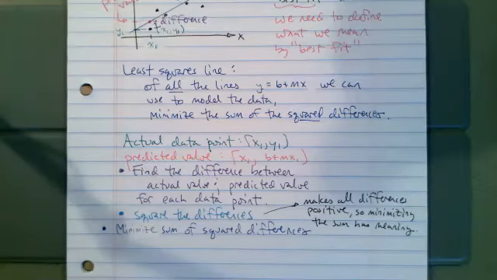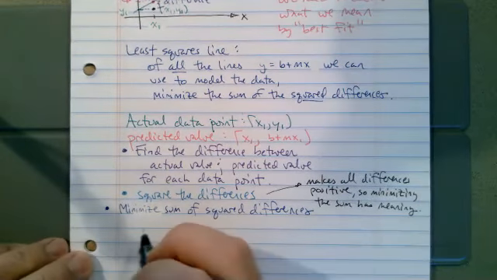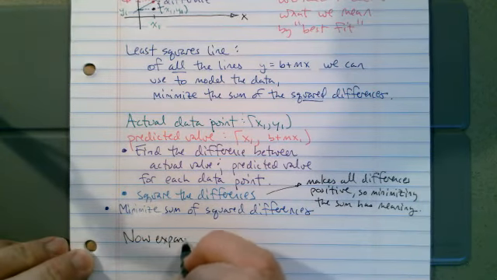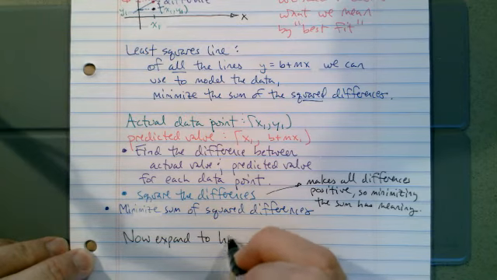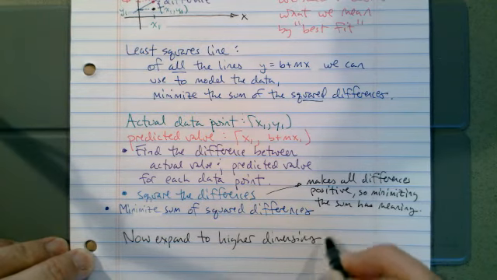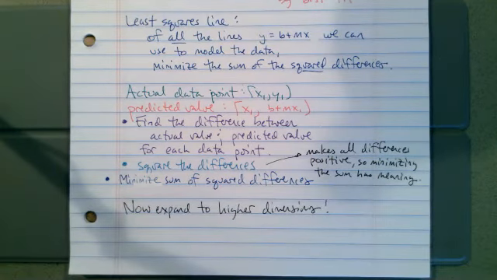We want to expand this from points in R2 to points in R3, or points in R4, and so on. Now, once we get this concept, we can expand to more dimensions.